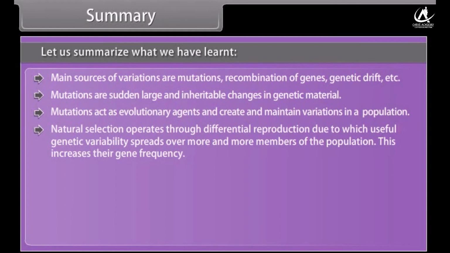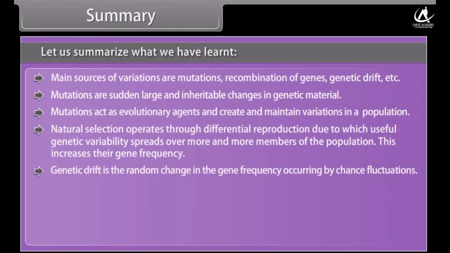Natural selection operates through differential reproduction, due to which useful genetic variability spreads over more and more members of the population. This increases their gene frequency. Genetic drift is the random change in the gene frequency occurring by chance fluctuations.